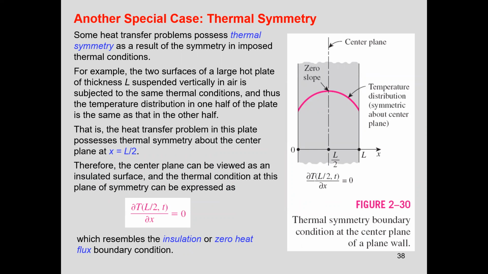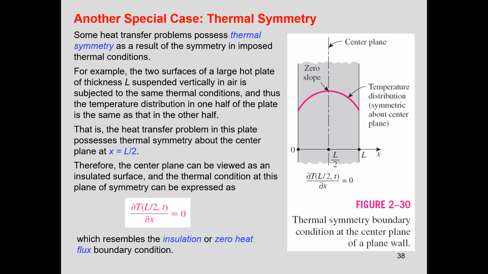We can have another special case, which is thermal symmetry. Some heat transfer problems possess thermal symmetry as a result of the symmetry in the imposed thermal conditions. For example, the two surfaces of a large hot plate of thickness L suspended vertically in air are subject to the same thermal conditions, and thus the temperature distribution in one half of the plate is the same as that in the other half.